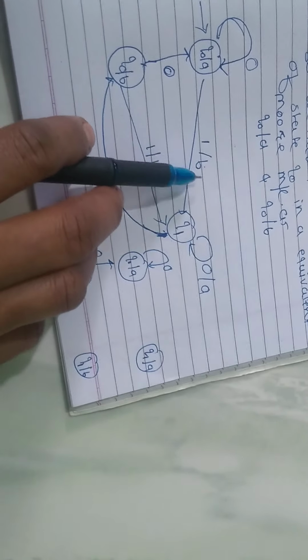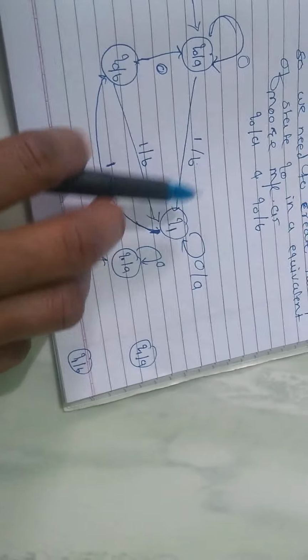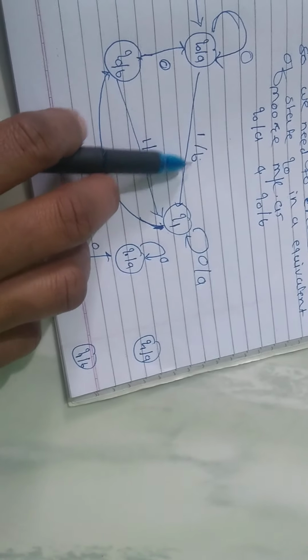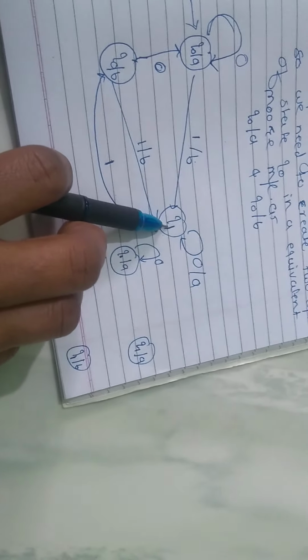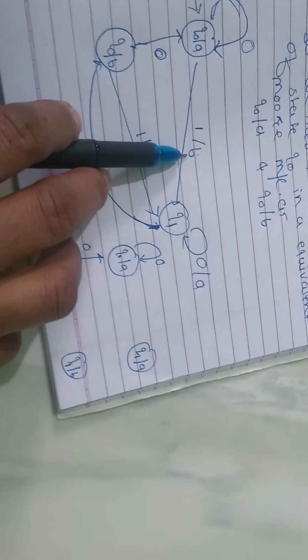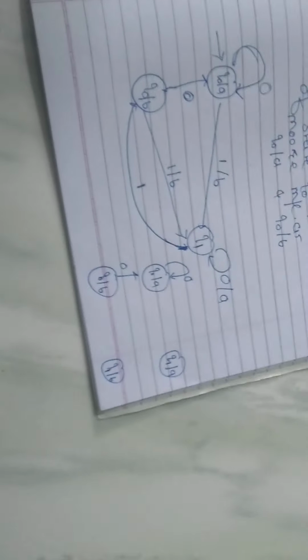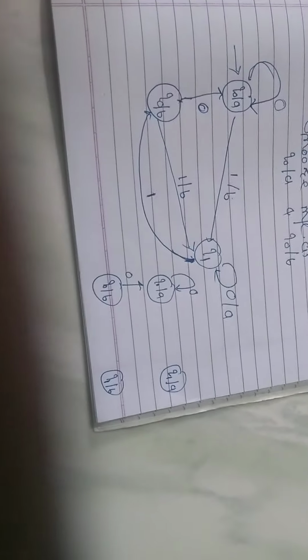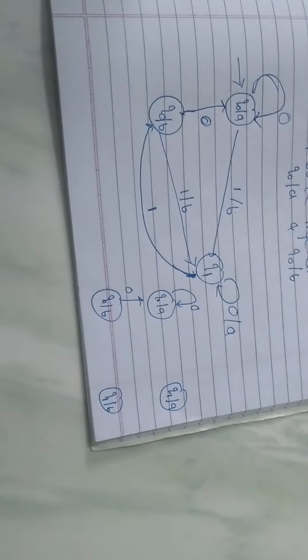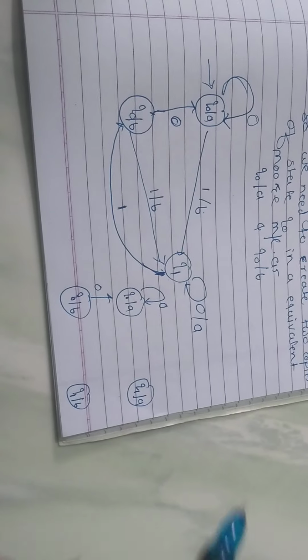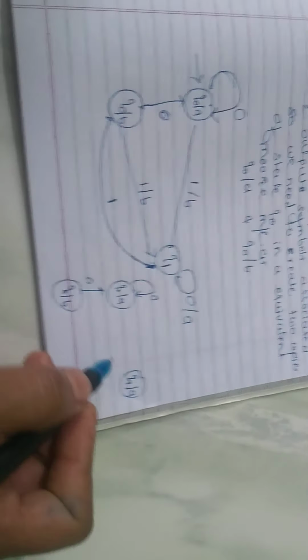It will go to that copy of Q1 whose output is B. It will be originated from Q0, but it will go to that state of Q1 whose output is B. So draw that one.